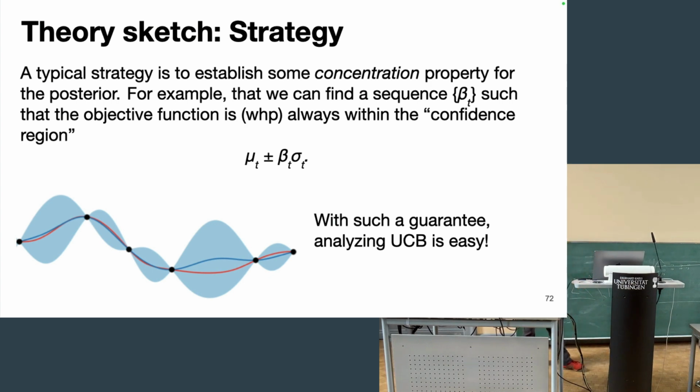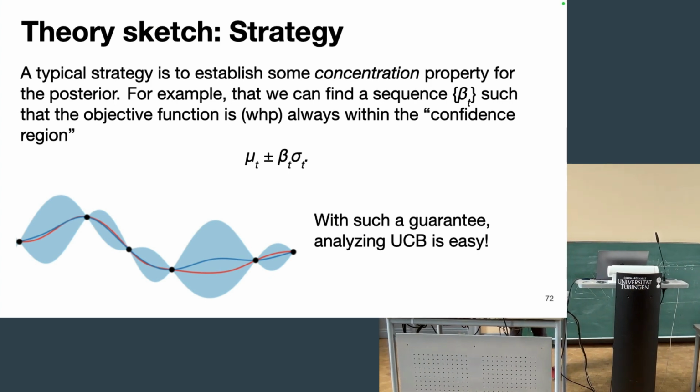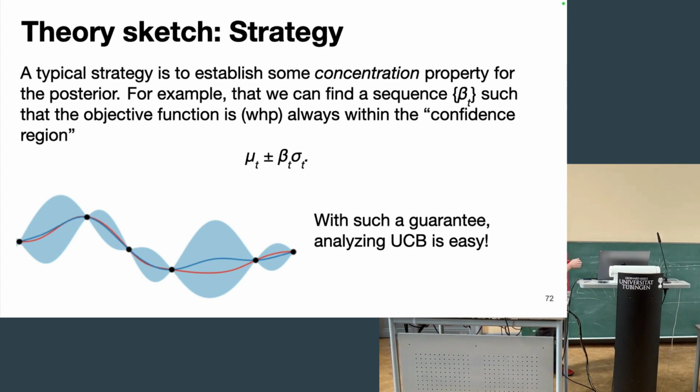And now the typical strategy to bound the cumulative regret is to establish some concentration property for the posterior distribution. For example, a typical path that we might take is to seek some sequence beta_t of confidence multipliers.